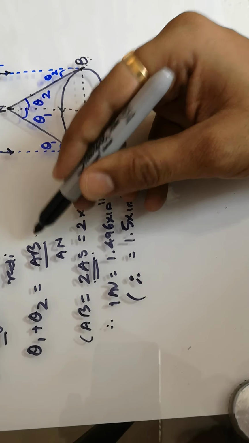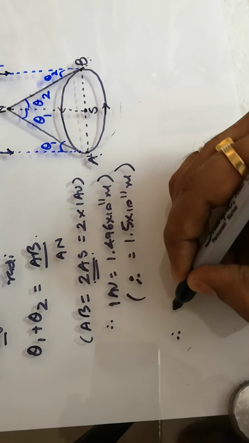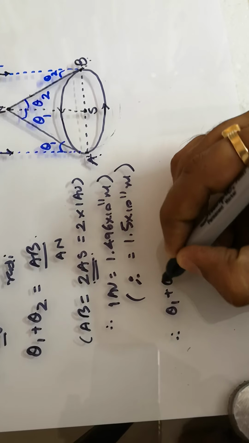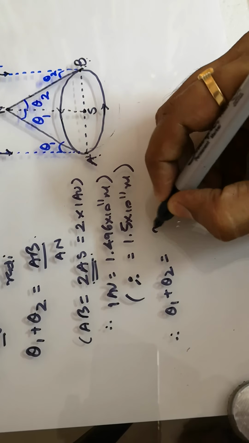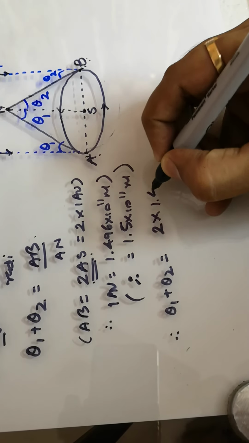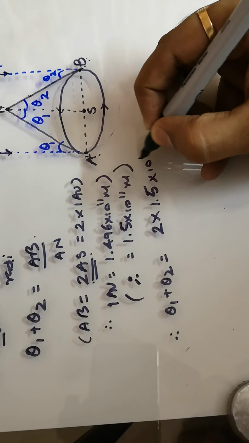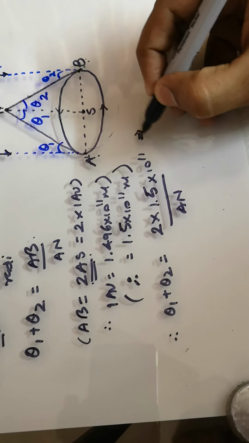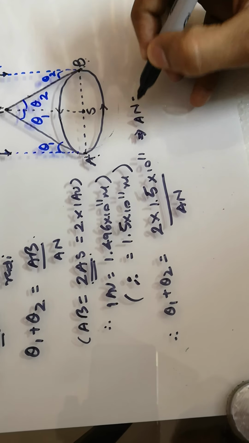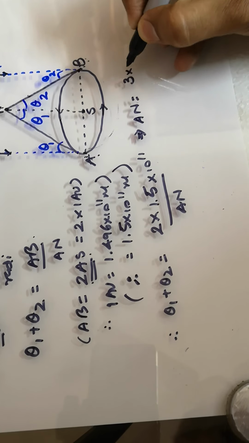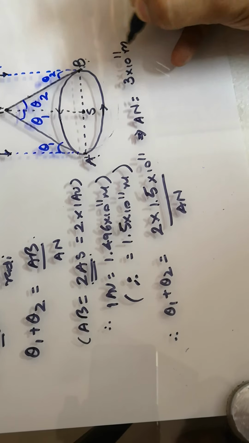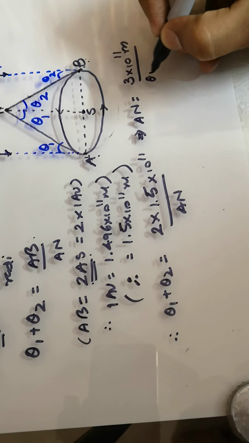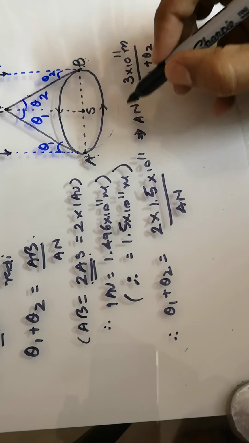Putting it in the previous formula, I can have theta 1 plus theta 2 equals 2 times 1.5 cross 10 to the power 11, and making AN the subject of the expression, I can use 3 cross 10 to the power 11 meters divided by the values of theta 1 and theta 2.